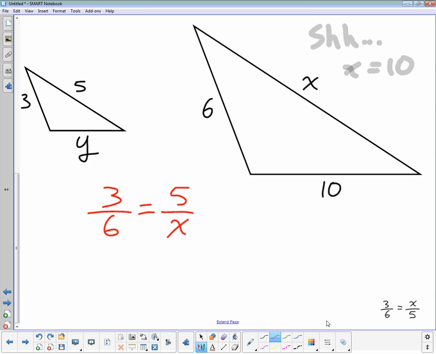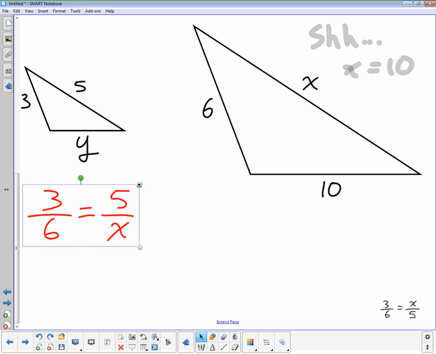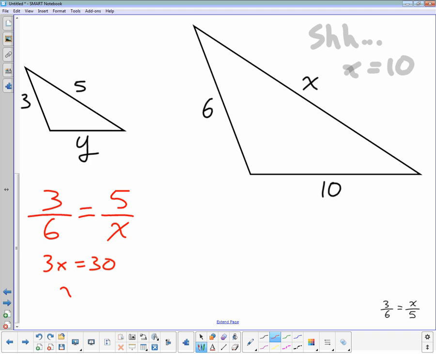Okay? So if you're going to go left over right, stick with left over right. If you're going to go top over bottom, stick with it, top over bottom. Whatever the situation, whatever pattern you choose, don't change it. So here I went left over right. Now let's see what happens if I go right over left. See if it matters.